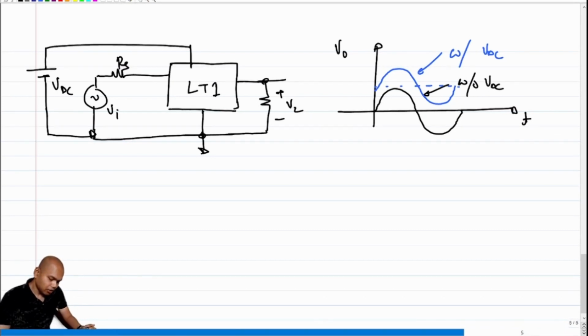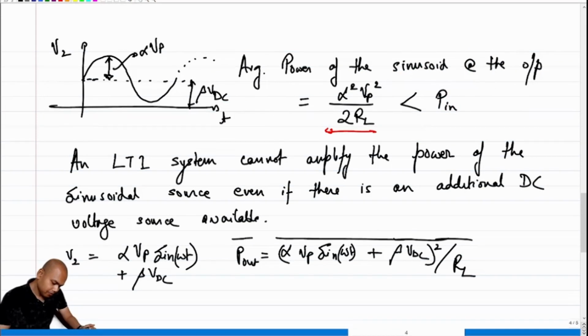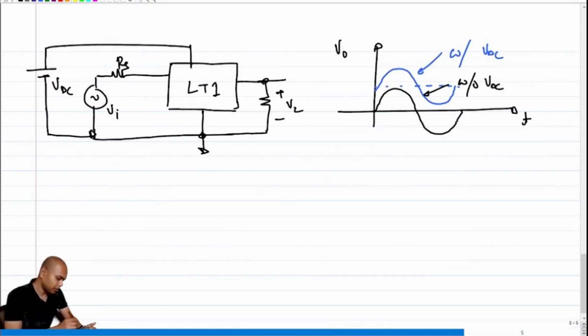In essence, this term, this alpha times Vp, should get multiplied with something so that the amplitude of the sinusoid at the output itself increases.